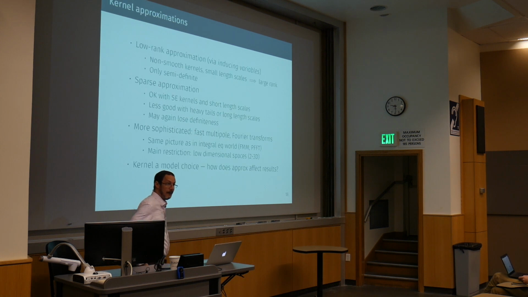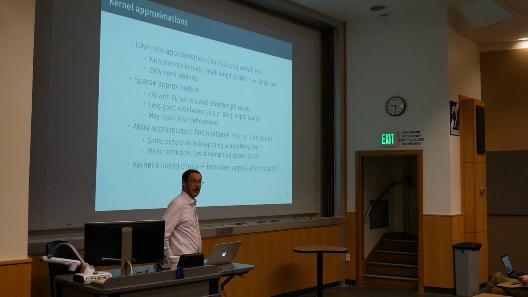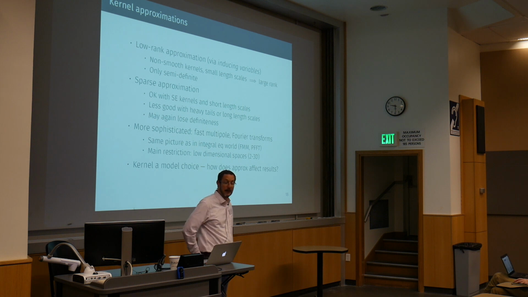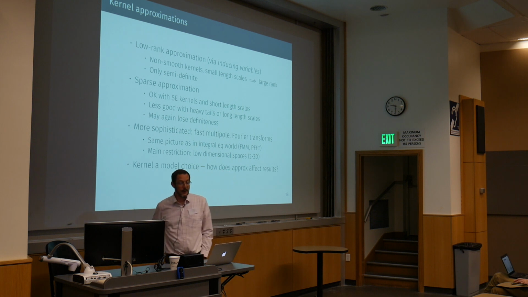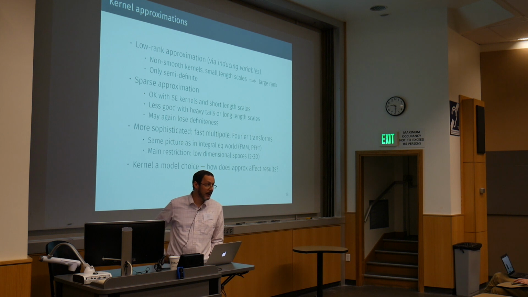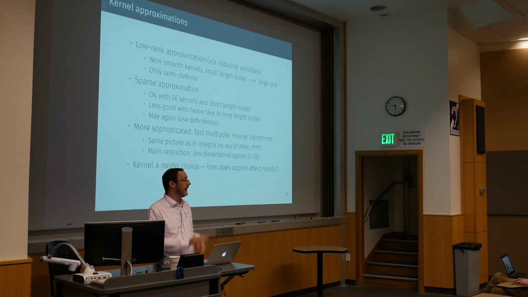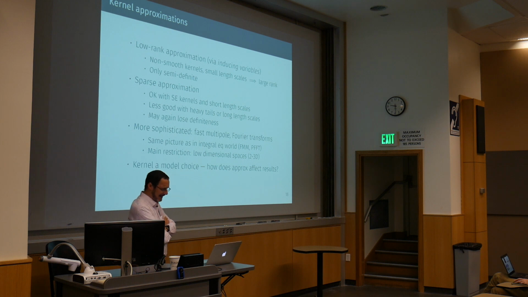Okay, so first question is, how do you do the kernel approximation? One thing that you can do, which we already referred to, is a low rank approximation. People often do this via what they call inducing variables or inducing point methods. This works great if you've got something that's sufficiently smooth. If you've got something that's not too smooth, you may end up picking more points than you're really happy about.